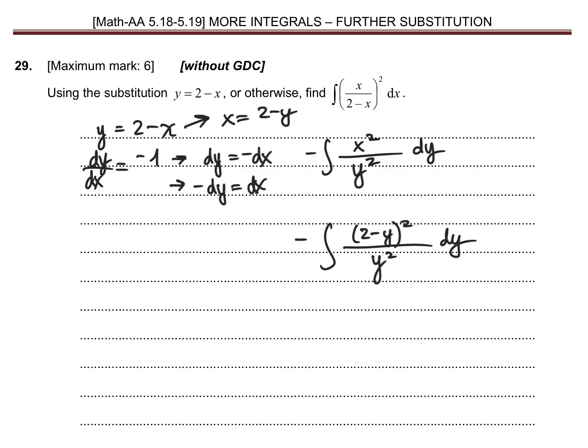And if we expand this, that's going to be 4 minus 4y plus y squared over y squared dy.